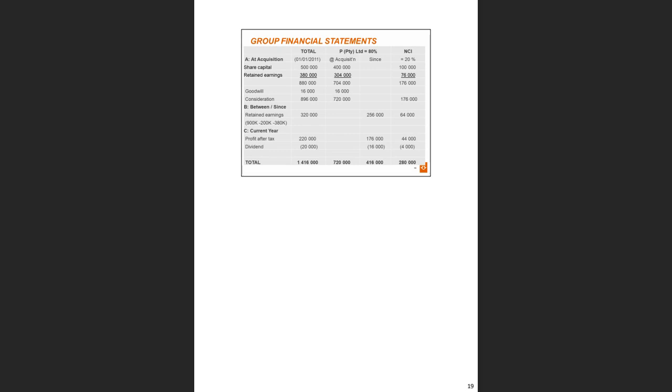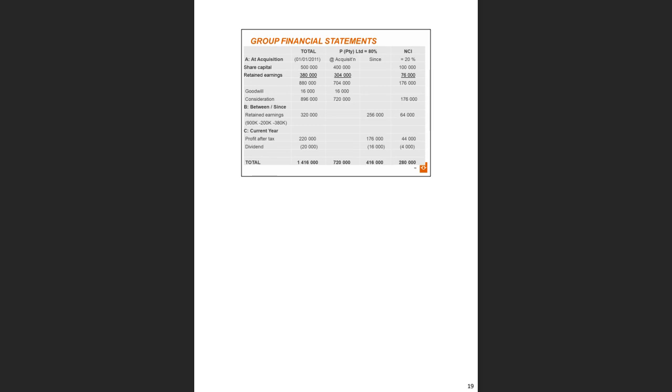Then we need to subtract the current year retained earnings of 200,000 Rand. So this will then give us our retained earnings from acquisition date to beginning of the current year of 320,000 Rand. Okay, do you guys understand that? It is simplified in the diagram, which we had a look at earlier, but this is how we do it in the analysis of equity.